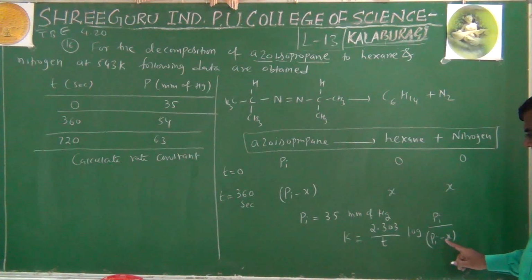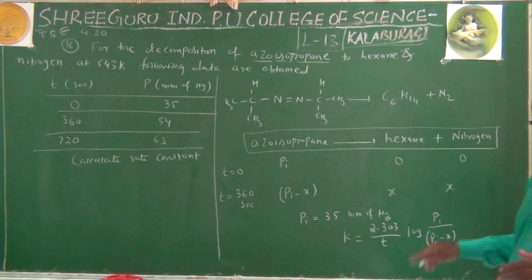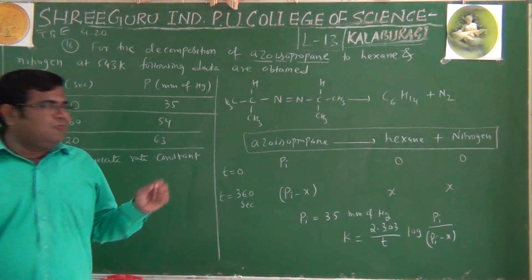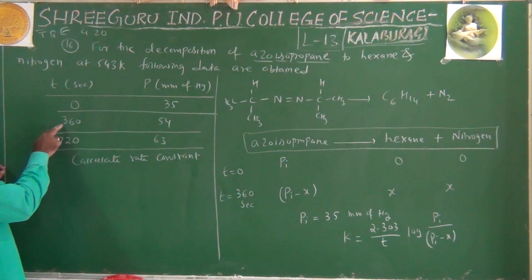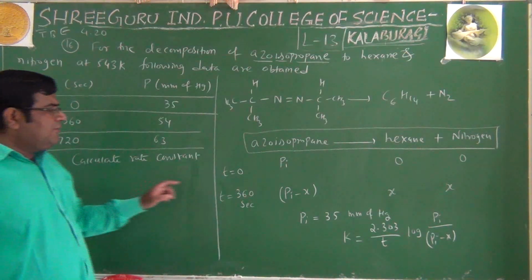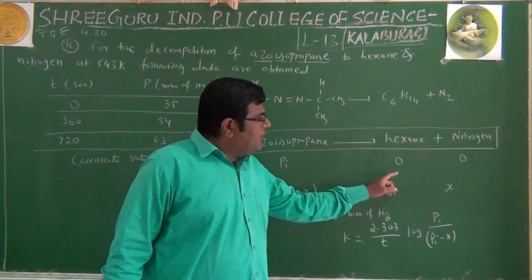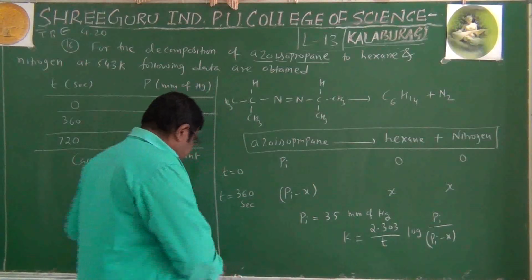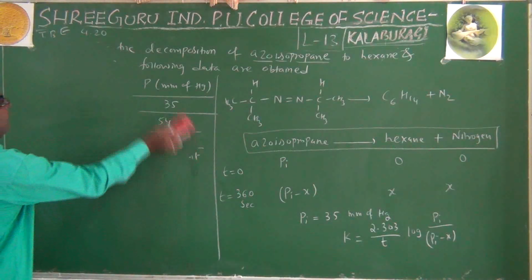This is again 35, but we don't know X. X is to be calculated. How is X to be calculated? You can recall the derivation which we have done for gaseous phase reactions. We have one more term, Pt, the pressure of the gaseous system at time t. That includes the pressure of azoisopropane plus the pressure of hexane plus the pressure of nitrogen. So I'll drop this part now because I need some space here.